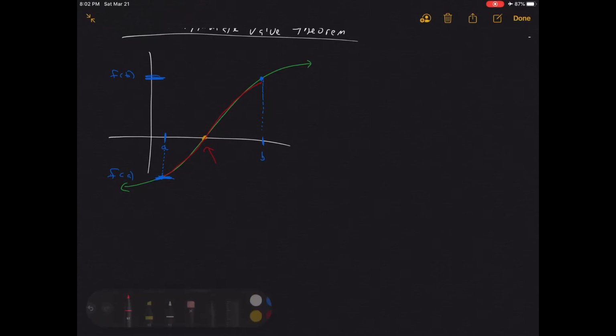Here is our example. Let's say that I have f of x is x cubed minus 2x minus 5.